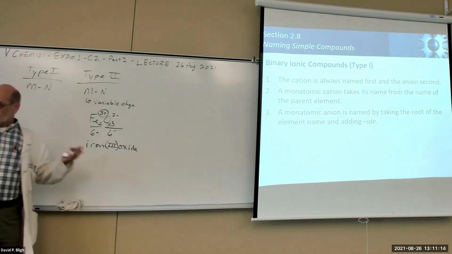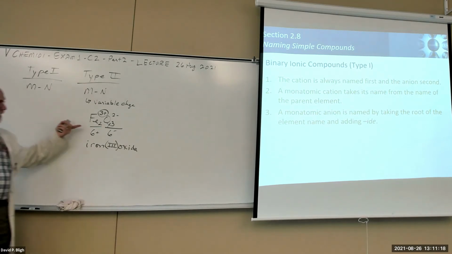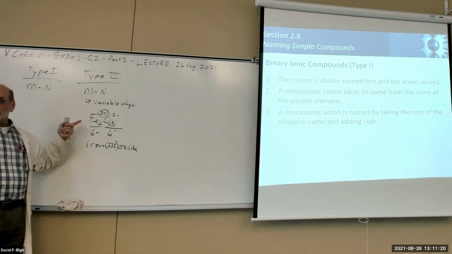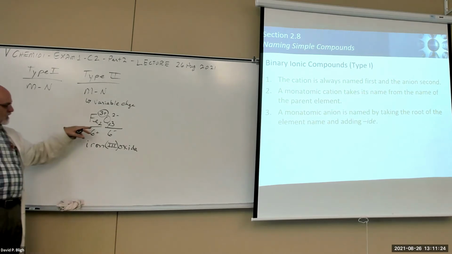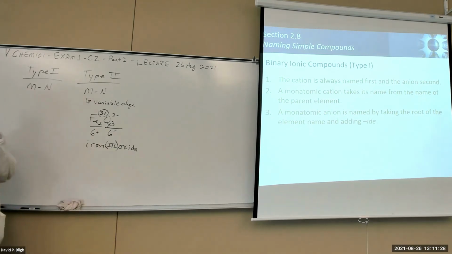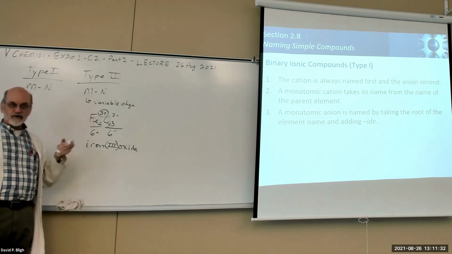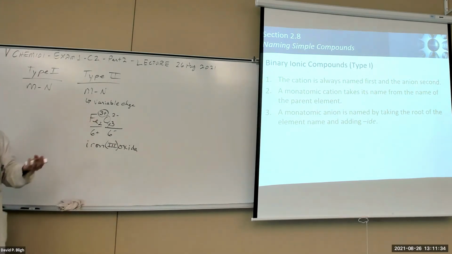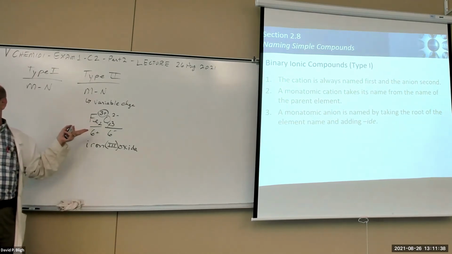Now, when I was going through the torture of my first chemistry class, there was a different convention. This would have been called ferric oxide, from the Latin, ferro. Ferric oxide would have been 3 plus, and you just had to memorize it. If it were 2 plus, it would be ferrous oxide.